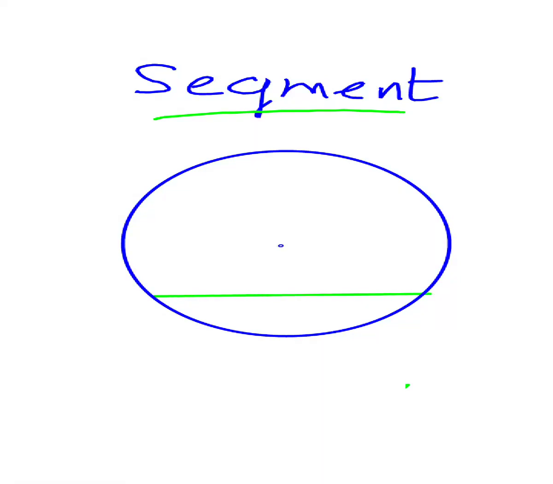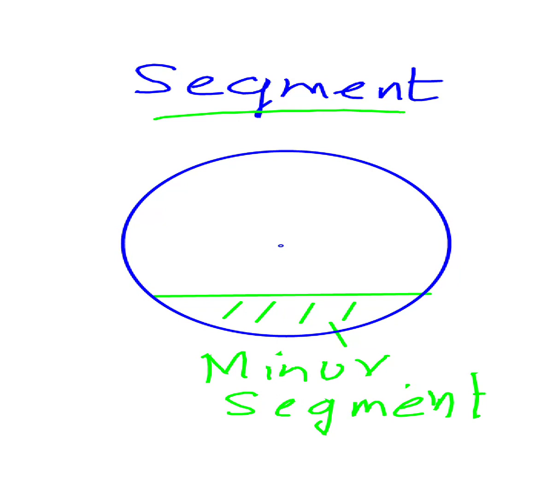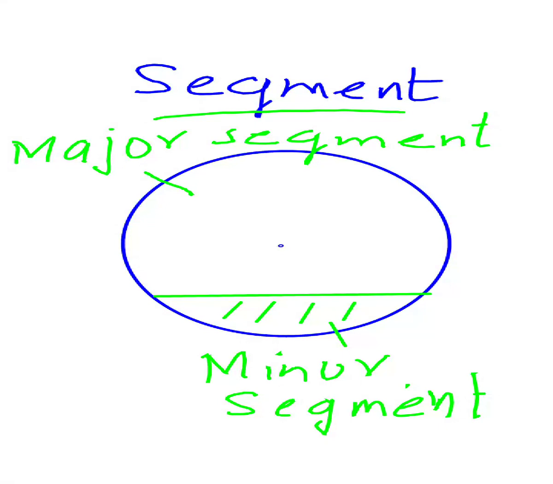You can consider this one. So this area is called the minor segment. The upper one is called the major segment.